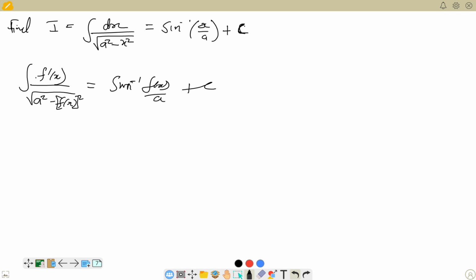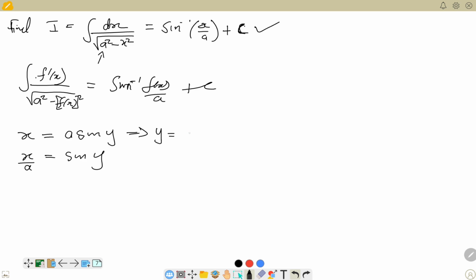The best thing to do to prove that this is equal to this is to let x be not just sine y, but because we have this constant a here, a sine y.